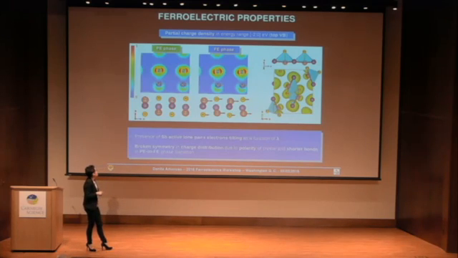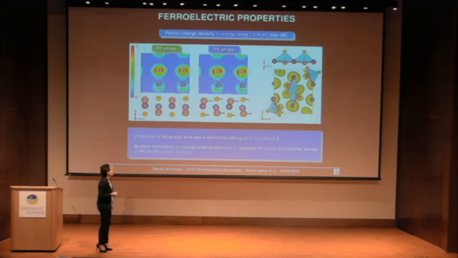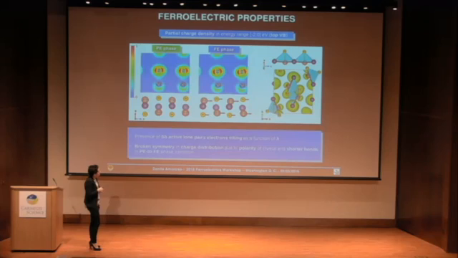But the difference between the two phases is that the charge distribution is strongly affected by the polarity of the system, because, for instance, the lone pair tilts in the opposite direction compared to the formation of the shorter bonds. That means it tilts in the opposite direction to where the displacement occurs.